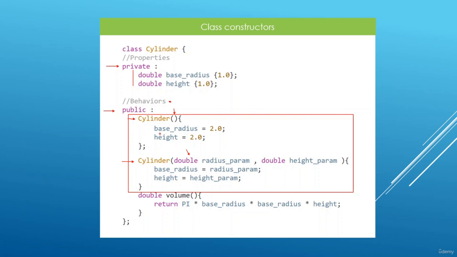These are special functions that are going to be called by the compiler to initialize your class objects. In this example, we are using the constructor with no parameters to initialize our member variables to 2. And we have another constructor, down here, which is going to take parameters directly: the radius parameter and the height parameter. The parameters are of double type because that's what we expect in our class.